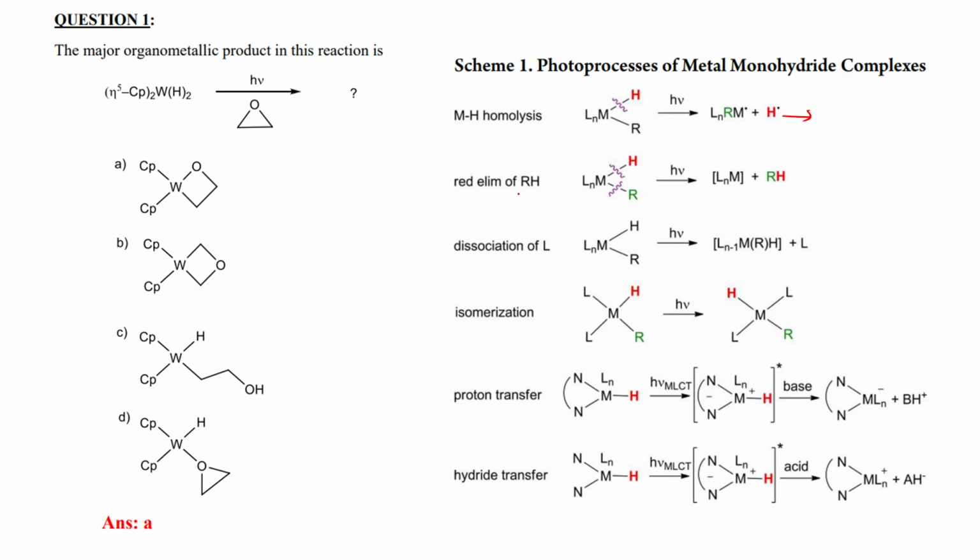And this one you can see. So here it is a kind of reductive elimination, but it only happens in presence of light. So that's why you can think of this kind of thing. So H dot, R dot, they can combine. It is ultimately a reductive elimination, but it needs light to happen.